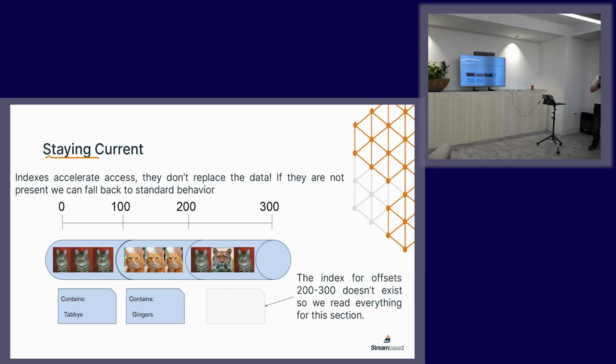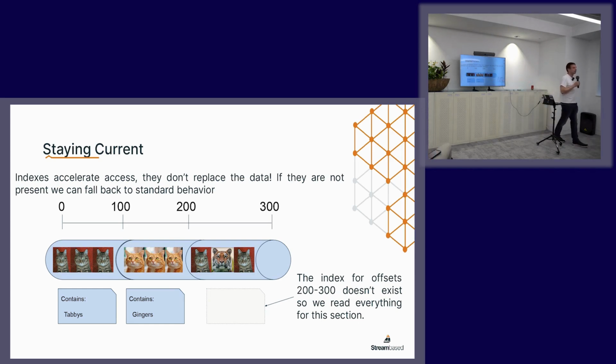But the important thing to remember about this kind of indexing technology is it's acceleration technology. We're not storing the data itself here. There's no data. It's just metadata about the data itself that helps us increase performance. So when we encounter a scenario like 200 to 300 here, where we have no indexing information, it's really nice and easy.